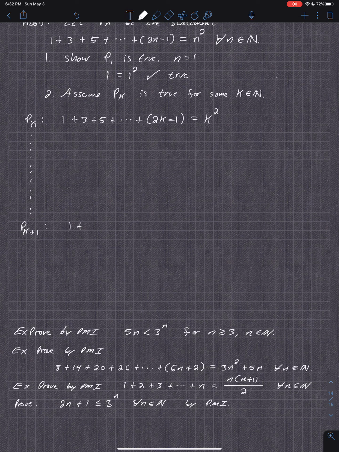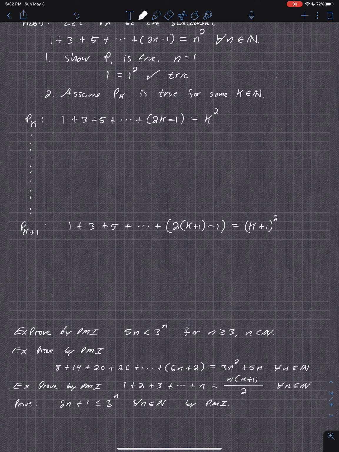It's this same statement, but you put in k plus 1. So it's 2 times (k plus 1) minus 1 equal to (k plus 1) squared. So that's exactly what we have to show.